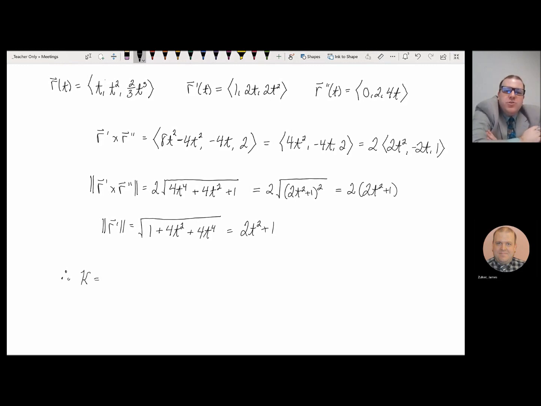So our kappa, our curvature, would be the magnitude of r prime cross r double prime over the magnitude of r prime cubed. Simplify it.